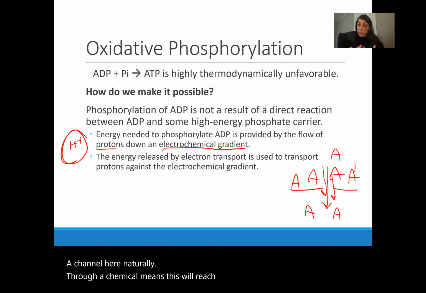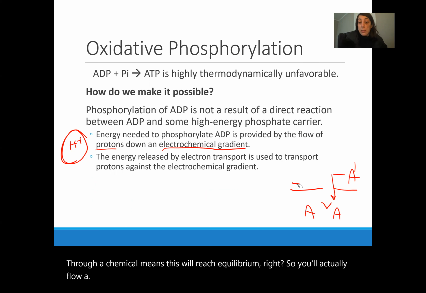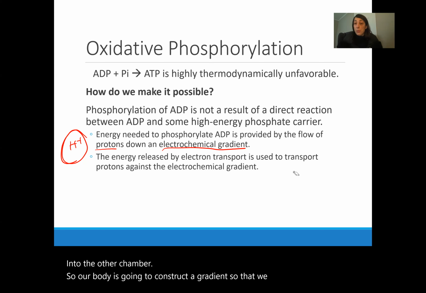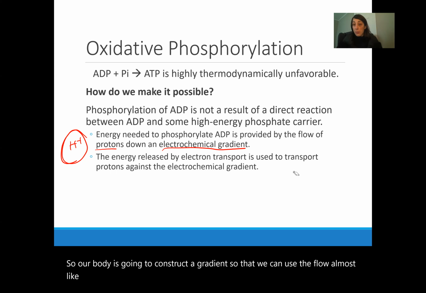So you'll actually flow A into the other chamber. So our body is going to construct a gradient so that we can use the flow, almost like the power of a waterfall, that flow of the gradient to power making ATP.